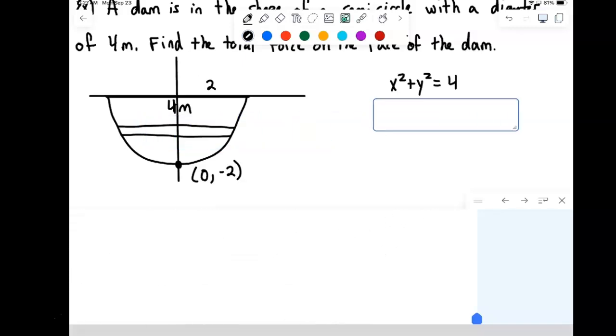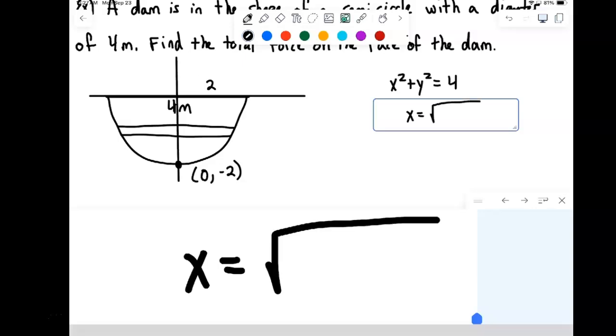Well, I can solve this for x and get that x is equal to the square root of 4 minus y squared.